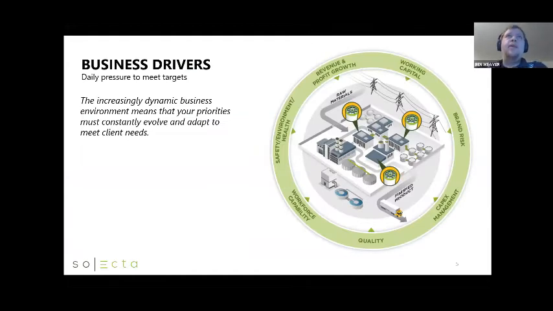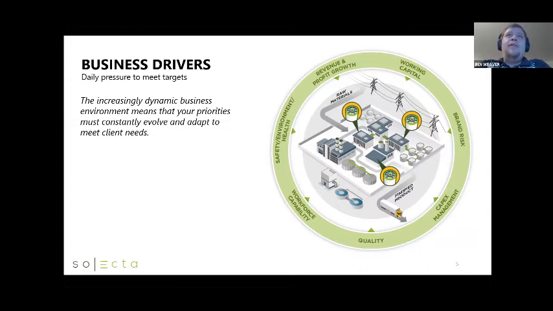So at Solecta, we understand that the membranes are part of a much larger process to create the finished product, and our goal is to understand the business drivers of each individual company, and make sure that the priorities that the clients have are aligned with the solution that we can provide.